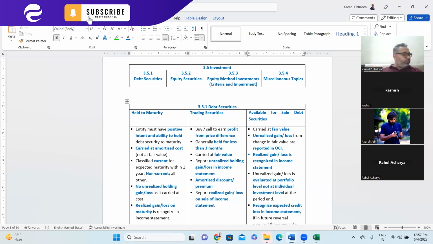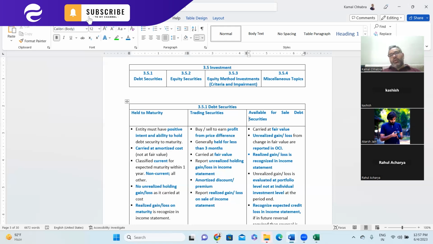Make sense? Got it. Sir, Akash said one line. So Akash said three statements for these three. Held to maturity, we keep to earn the interest.